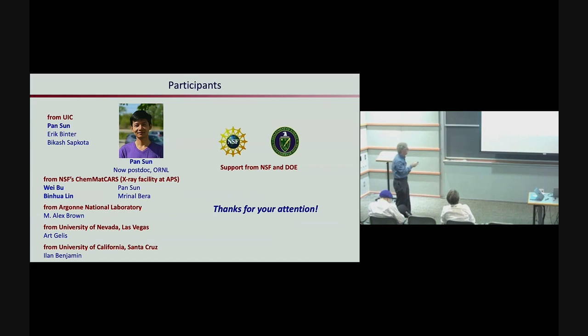And in addition, there was X-ray work here, which was done at NSF's ChemMat cars, which is an NSF-supported facility at a DOE lab, the Advanced Photon Source, and Wei Bu and Pinhua Lin played an important role there. And Alex Brown, Art Gellis, and Alon Benjamin have played roles in my work in other situations, though not really for this work. Thanks very much.